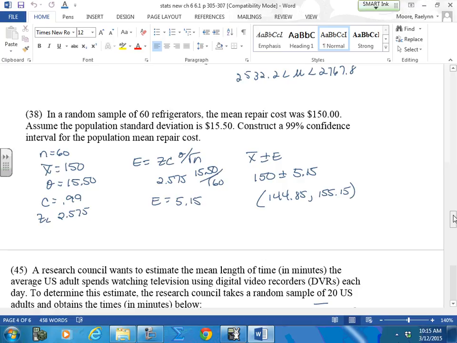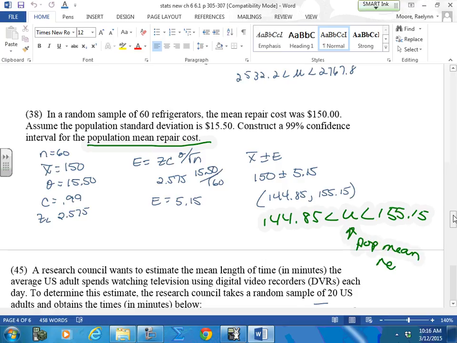To find my range so that I am 99%. What will fall? The cost of repair? Good. The population mean repair cost. I'm confident that my population, remember, it really looks like this. This is my population mean repair cost.